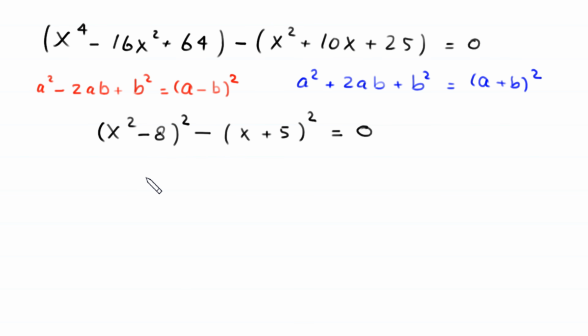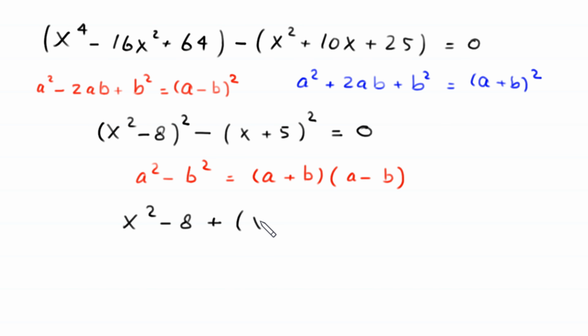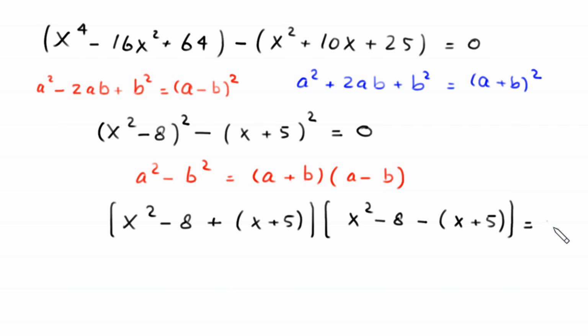So by using this algebraic identity, a squared minus b squared is equal to a plus b times a minus b, this expression will become x squared minus 8 plus x plus 5 times x squared minus 8 minus x plus 5 is equal to 0.